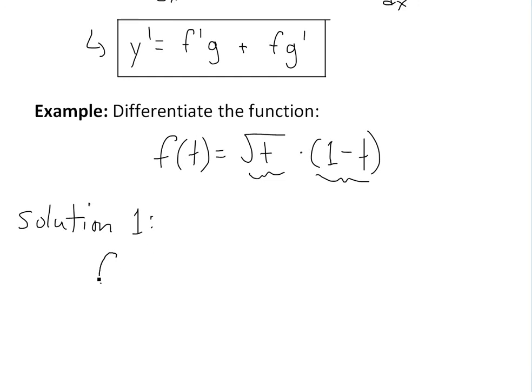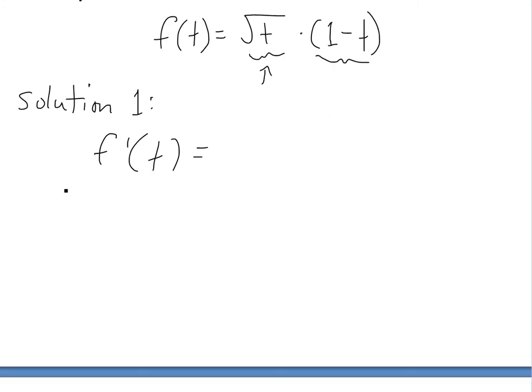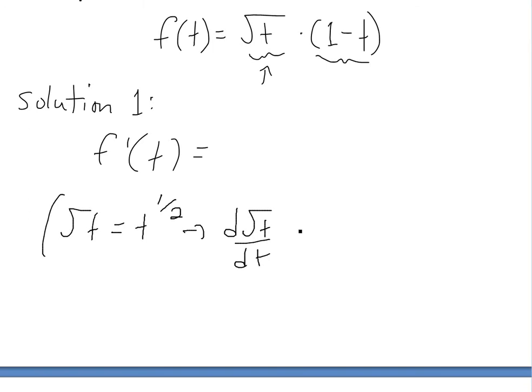So f prime of t is equal to the derivative of this. I'll make a side note right here. Square root of t equals t to the power 1 over 2. Then taking the derivative, d square root t over dt, you put down this 1 over 2, and then t to the power 1 over 2 minus 1, or 2 over 2 minus 1.